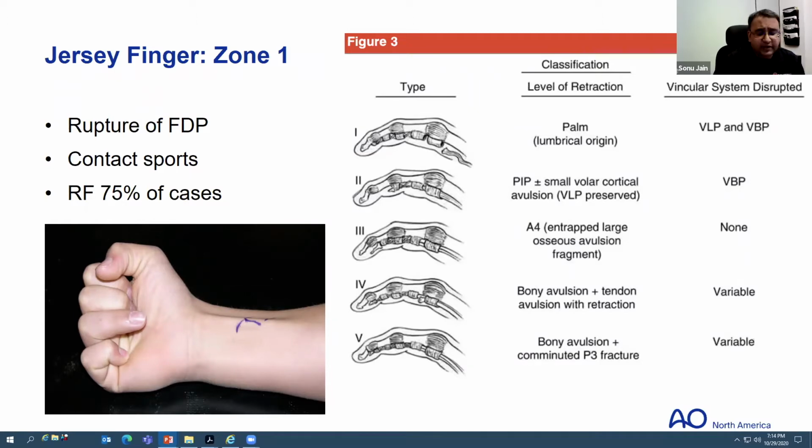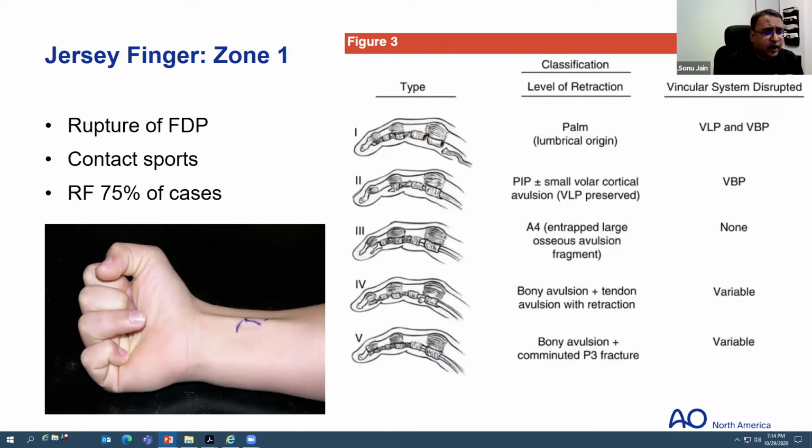Unlike other classification systems, as you go higher on the numbers here, it actually becomes less severe. The worst type is actually type 1, where you have retraction of your tendon all the way into the palm and rupture of both your vincula to the profundus.